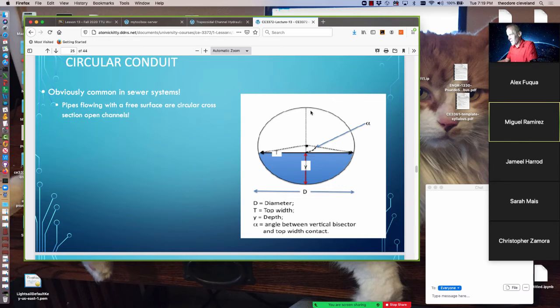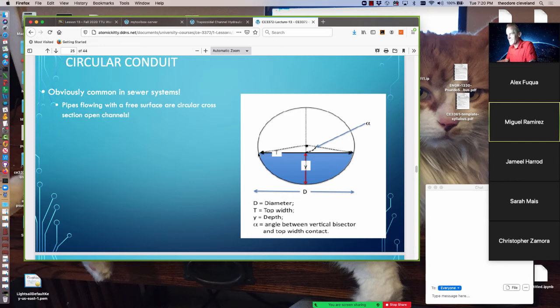So using my drawing here, we have the water flowing at some depth y, and we're trying to find the hydraulic properties of this shaded area. One of the useful things we know is that because it's a circle, we know where its centroid is. Centroid is located at d/2 units from the bottom, where d is the diameter, and we know that a line going from the centroid out to the edge of the circle is a radius.